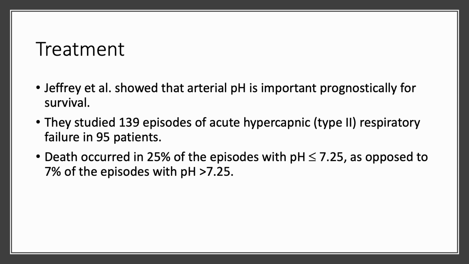He studied 139 episodes of acute hypercapnic or type 2 respiratory failure in 95 patients. Death occurred in 25% of episodes when pH was less than 7.25, as opposed to 7% of the episodes with pH over 7.25. In other words, respiratory acidosis is bad.